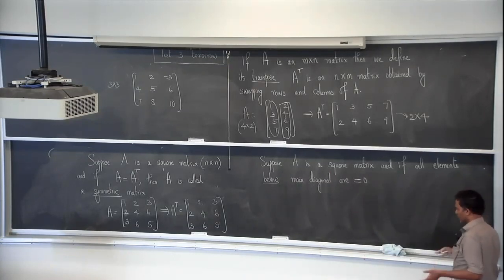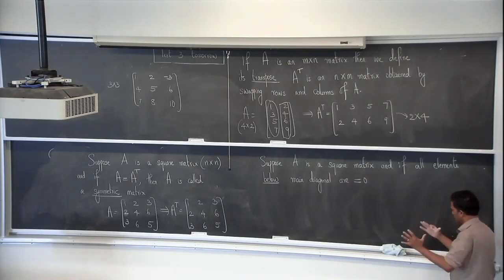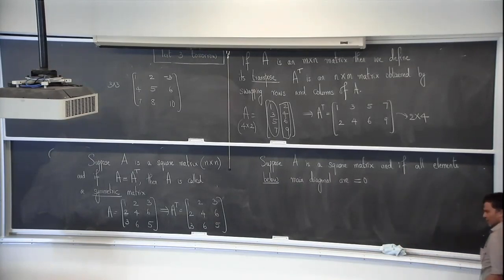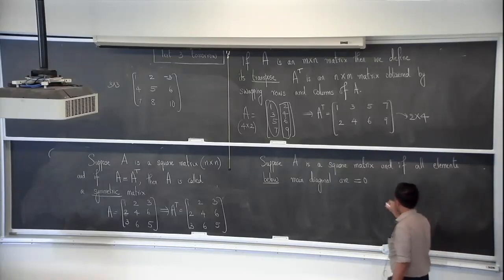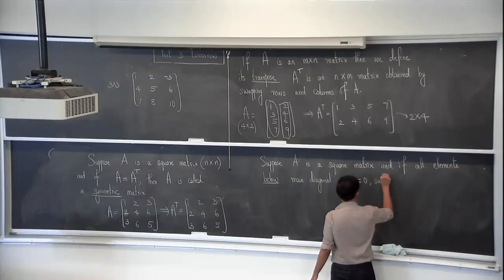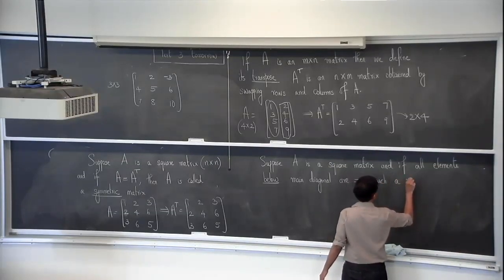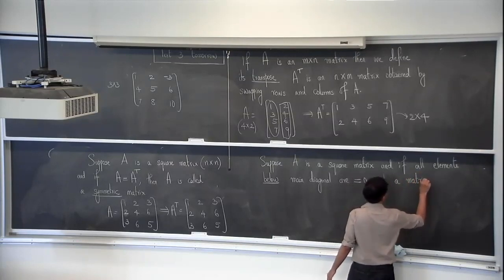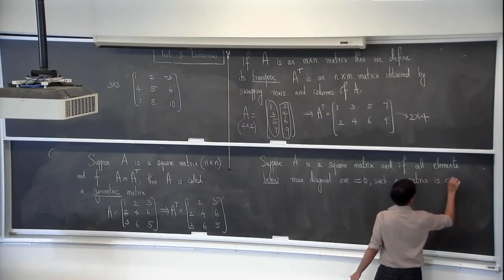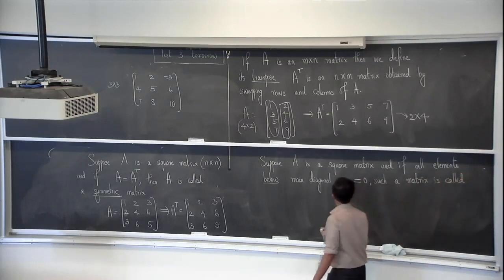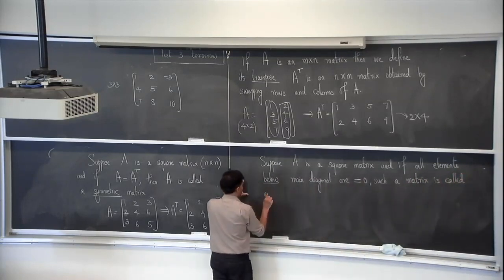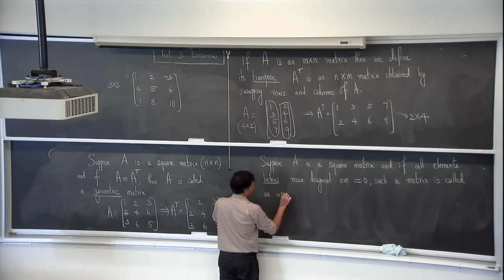That's a great matrix from a computational point of view. You took care of a lot of things and brought in a lot of zeros, so your computation has become a lot easier. Such a matrix is called an upper triangular matrix.